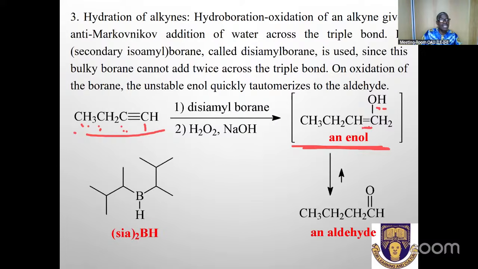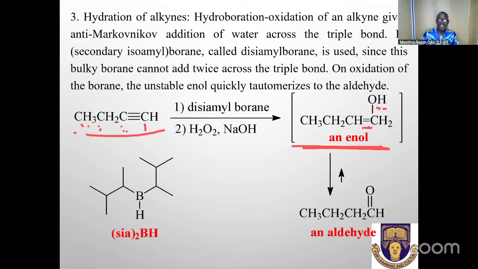So the butyne is converted first, in the presence of amylborane, peroxide and sodium hydroxide, to an enol.